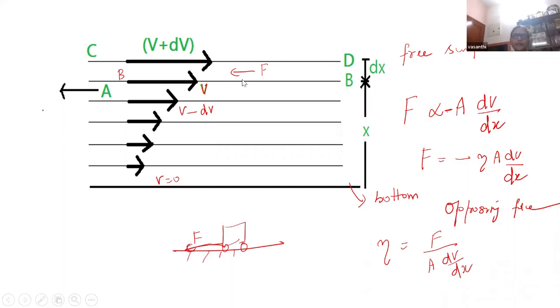Similarly, this viscous force destroys the relative motion between different layers. So eta, the coefficient of viscosity, is the tangential force acting per unit area of cross section of layers, maintaining unit velocity gradient between the adjacent layers.